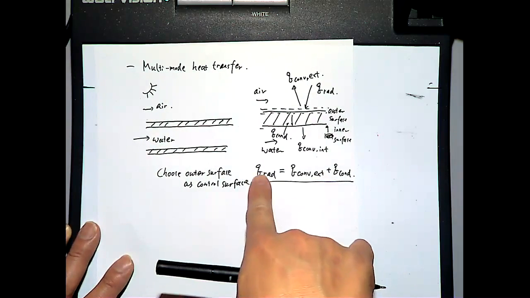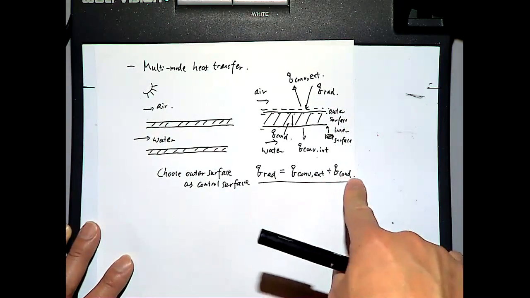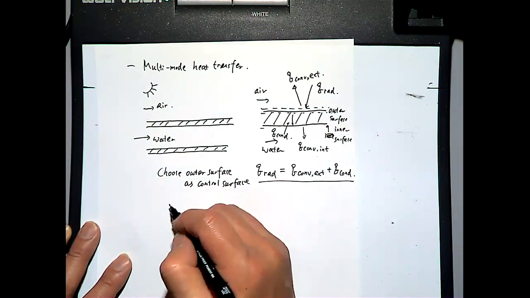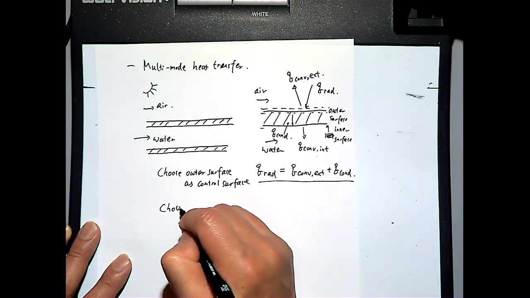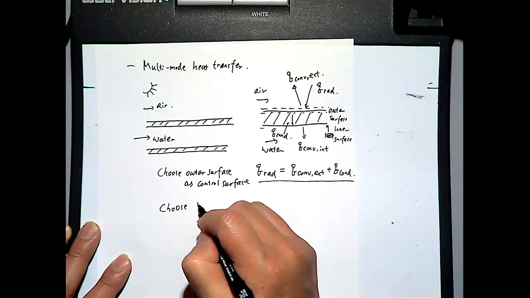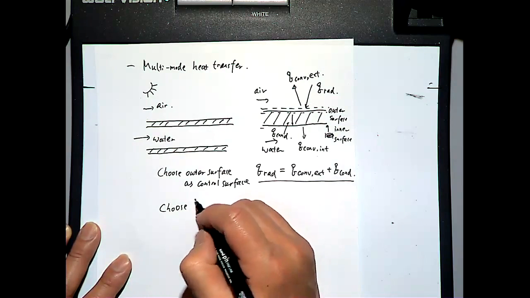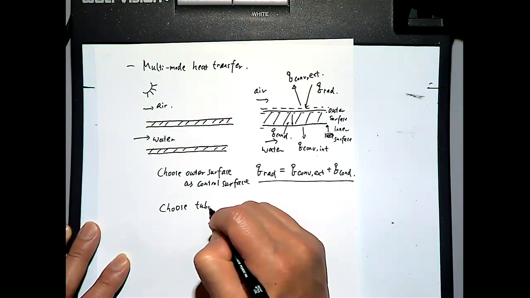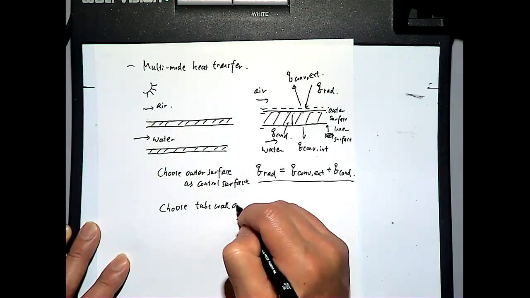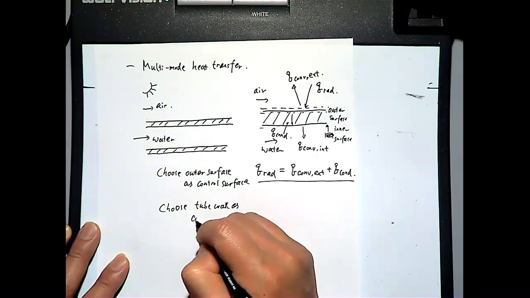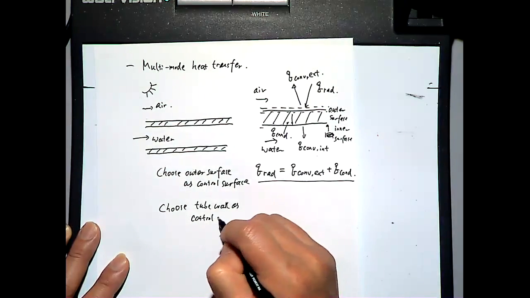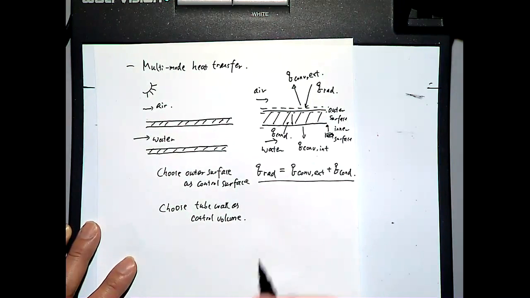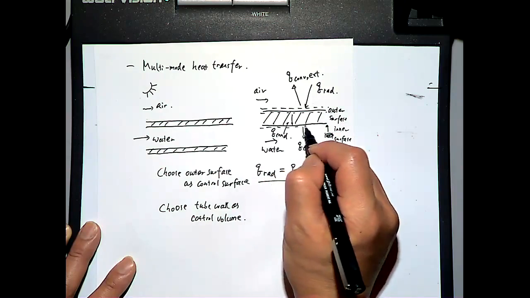You can bring in the rate equations that we derived, then solve the unknowns there. And if you choose the tube wall as the control volume, then that's a different energy balance.